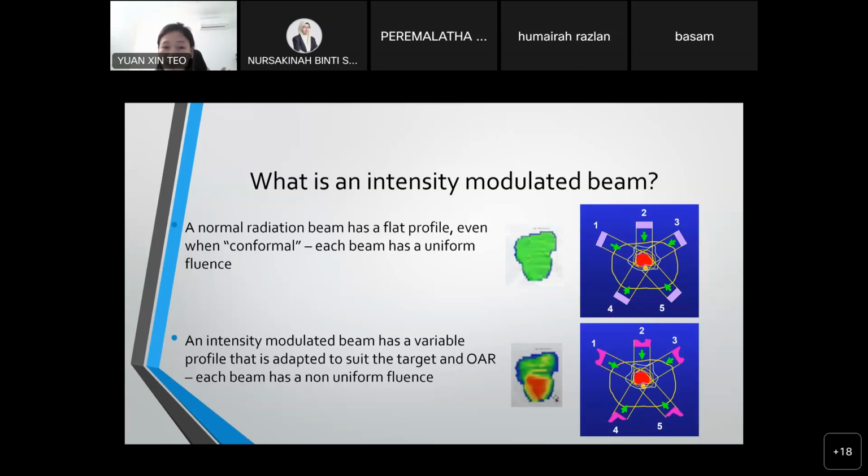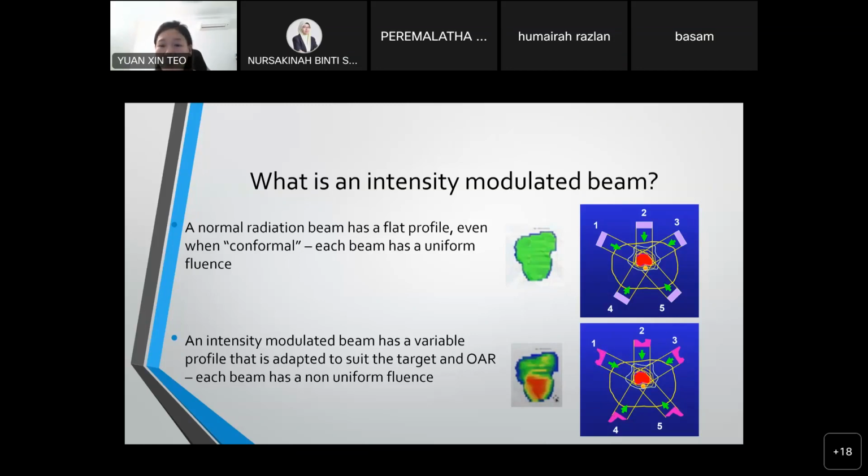So by using this field-in-field technique, there are a lot of small fields in beam number 1. Maybe beam number 1 has 20 small fields. So these 20 small fields will create a non-uniform fluence. You will see these things. So beam number 1 and all these 5 beams will have different fluence maps.